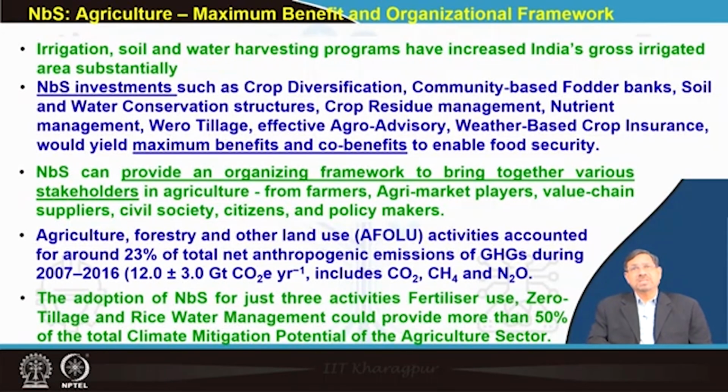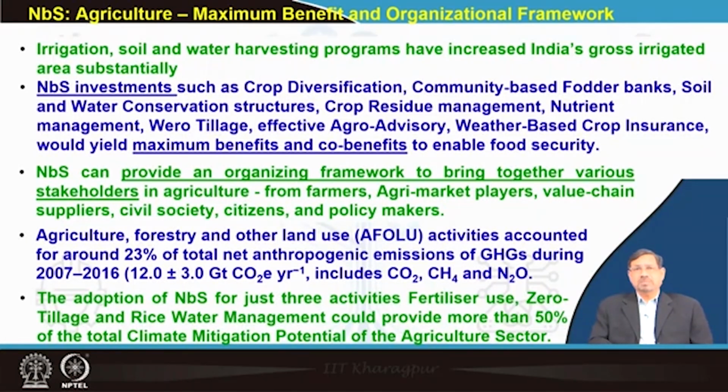So as far as maximum benefits and an organizing framework are concerned in agriculture, irrigation, soil and water harvesting programs have increased the gross irrigated area substantially in any nation, including India.